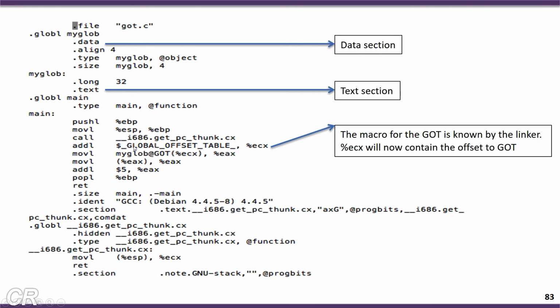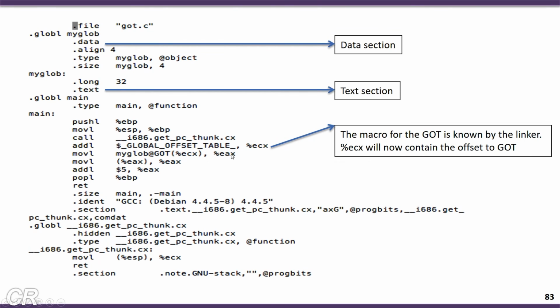In this instruction, what we do is add the offset of the GOT table, the global offset table, to this ECX register. So now the ECX register has the address of the GOT table. Now we take an offset in the GOT table, add that to ECX and load the contents into the EAX register.